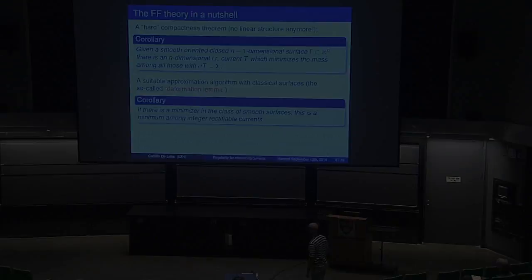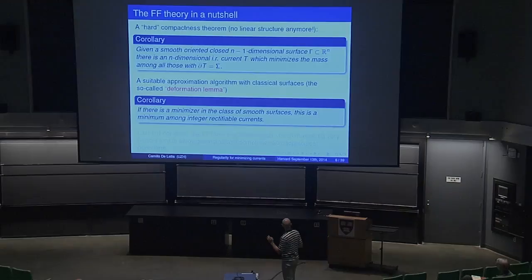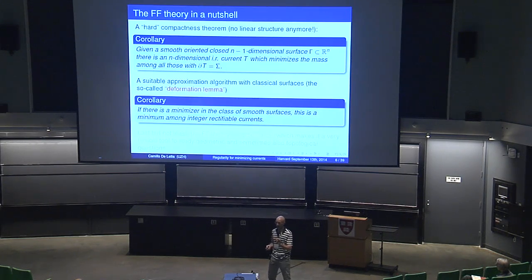in the Euclidean space. There is another very important point of the theory, which is the so-called deformation lemma. The deformation lemma is an approximation procedure of any integer rectifiable current with a sequence of more or less smooth surfaces, or at least with finite linear combinations of smooth surfaces with integer multiplicities.